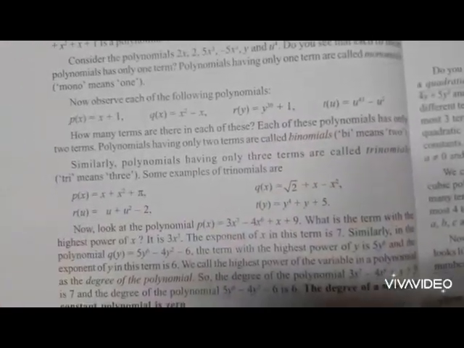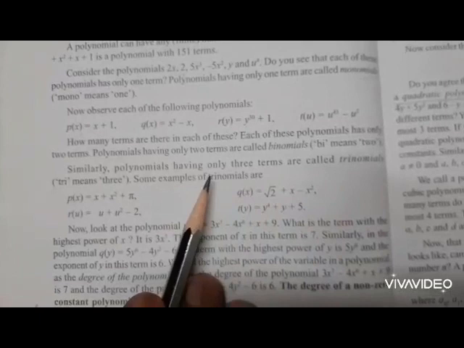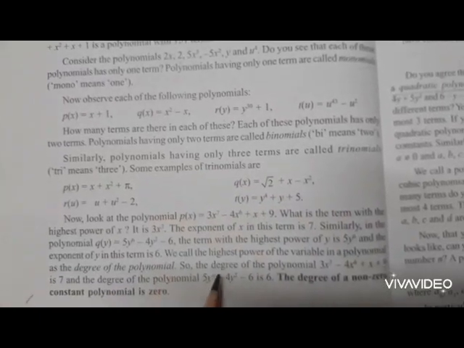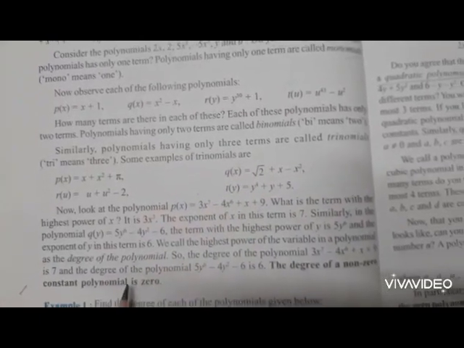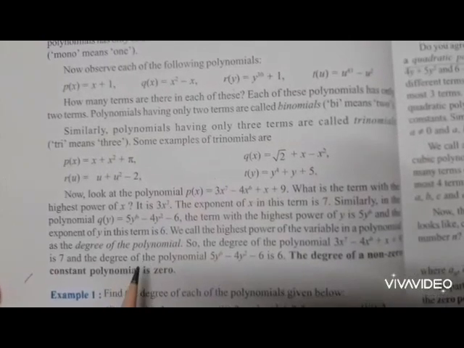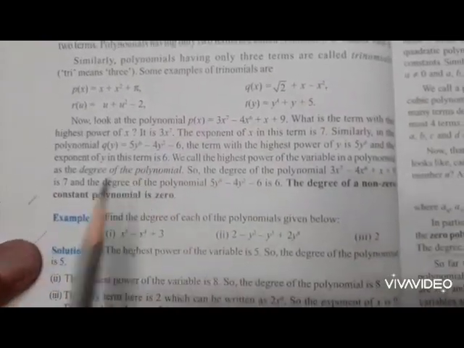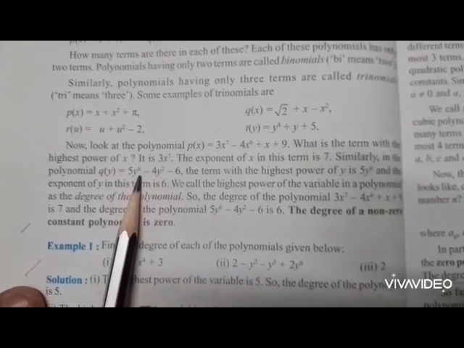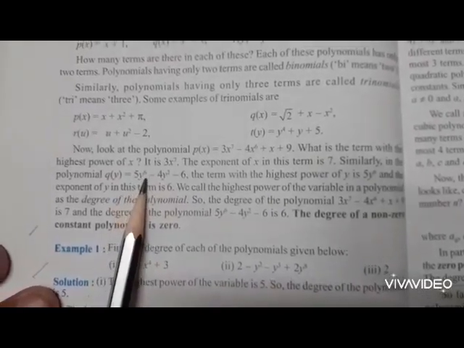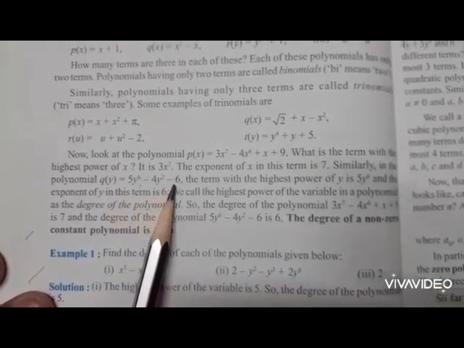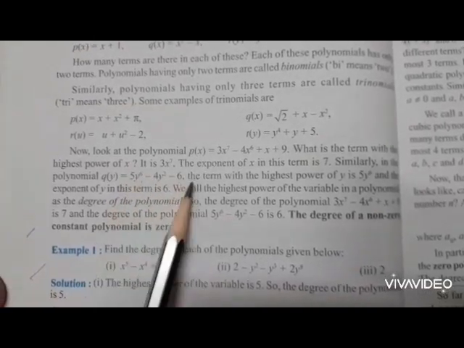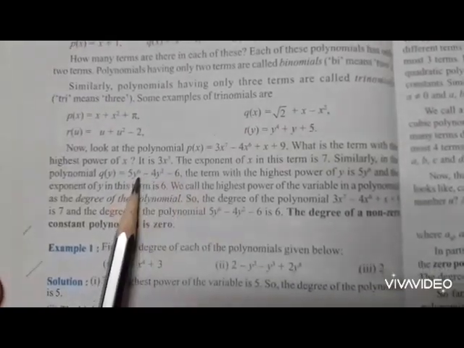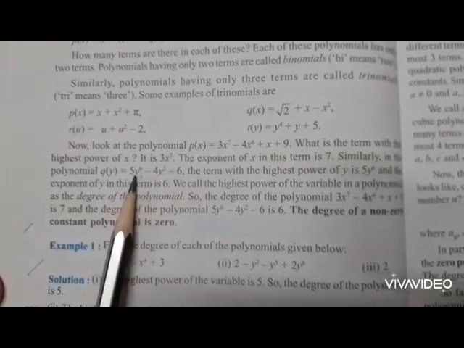Now we are going to know how we will take the degree. Already class 8 में तो बता दिया, फिर भी the degree of a polynomial is the highest power of the variable in that polynomial. यहाँ पे 5y to the power 6 minus 4y square minus 6, इसमें ये polynomial है and having how many terms? 3 terms.